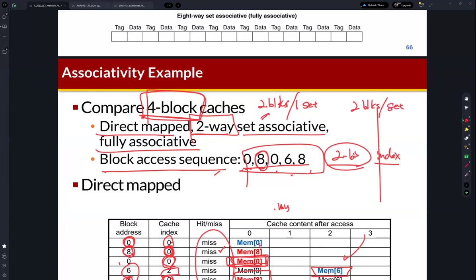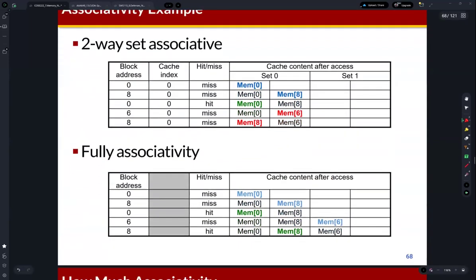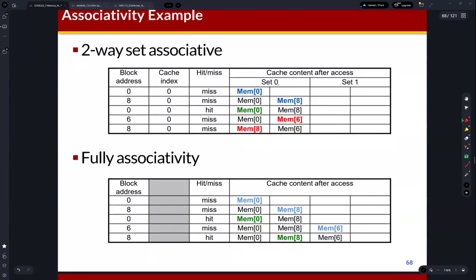Then how many sets are there in the cache? Because each set includes two blocks, there are two sets, right? So you can find set number 0 and set number 1.